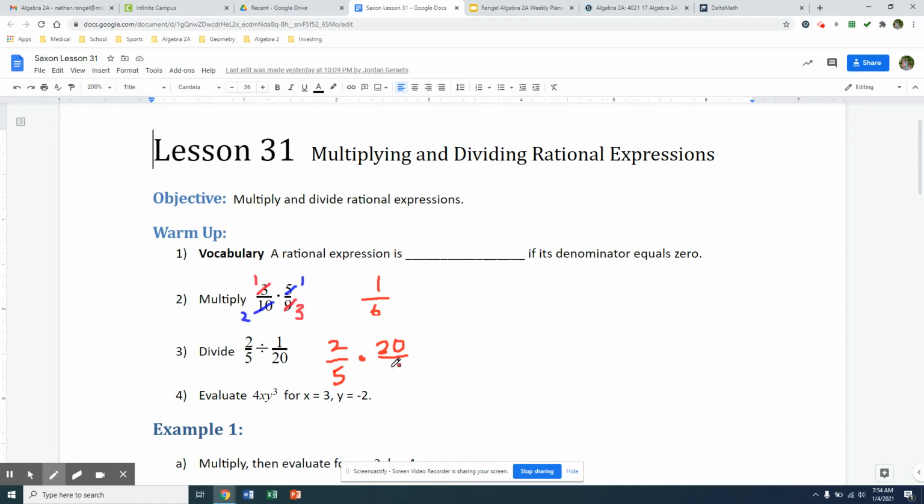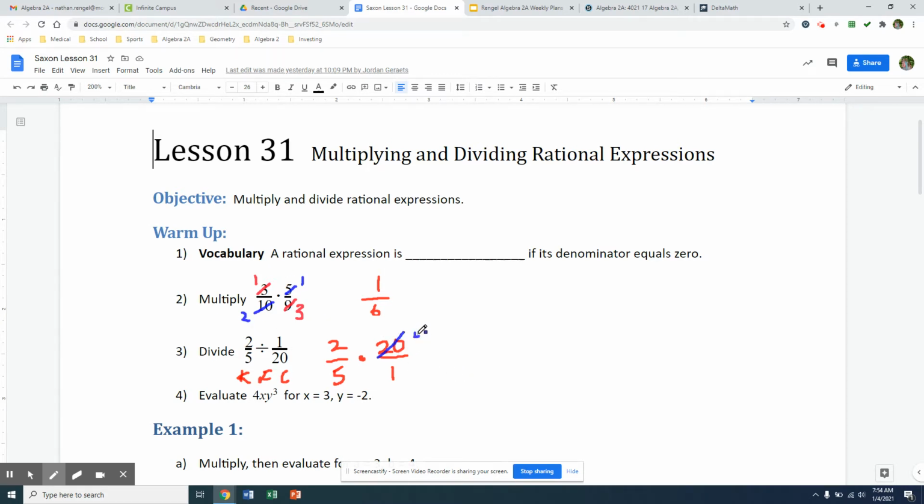So to divide by 1/20th, that is the same as multiplying by 20 over 1. So there are different methods. Some use the KFC. You keep the first fraction, you flip the divide to multiply, and then you change this to its reciprocal. But anyway, you still see the same idea up here as if you have common factors.